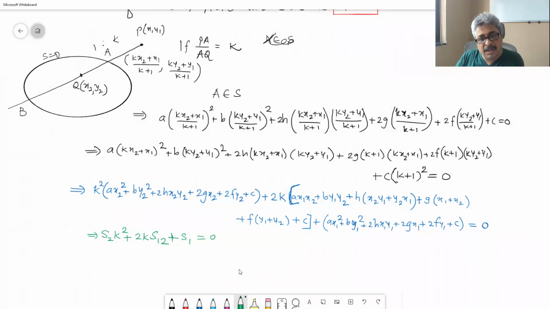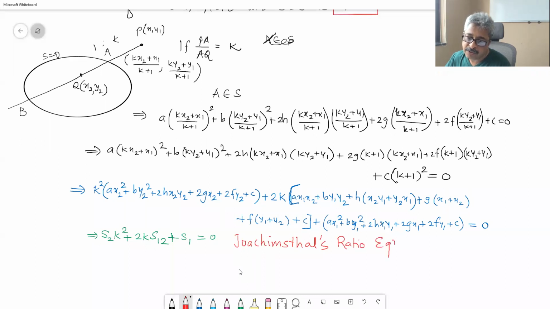Now, are we done? The name of this equation is Joachimsthal's ratio equation.